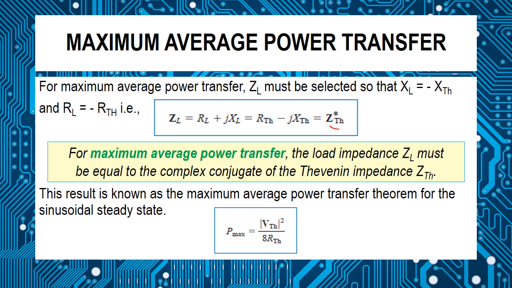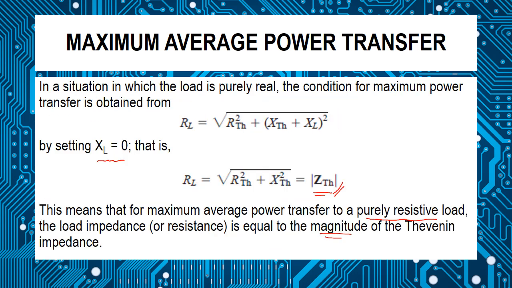So this result is known as the maximum average power transfer theorem for the sinusoidal steady state. Our formula is Pmax equal to VTH squared over 8 RTH. So in a situation in which the load is purely real, the condition for maximum power transfer is obtained by this formula. RL is equal to the square root of RTH squared plus the square of XTH plus XL.